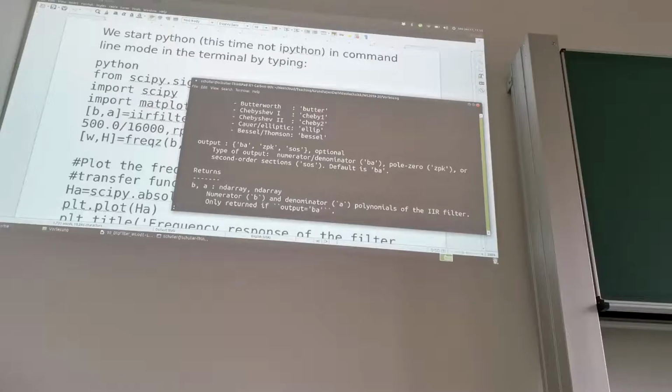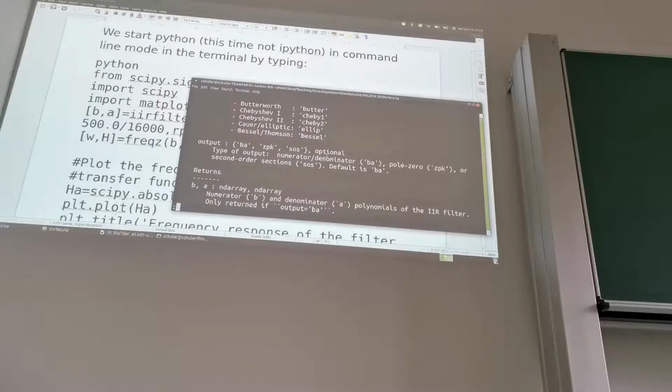So here we can actually choose different design methods. And you might have seen those types also from analog filters, because, for instance, Butterworth is also an analog filter design method. Have you seen Butterworth filter design?